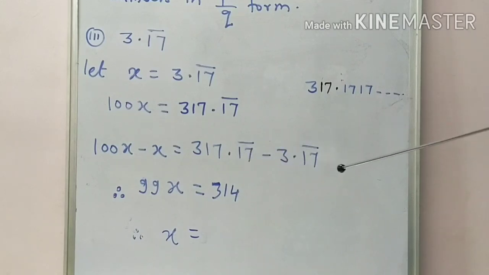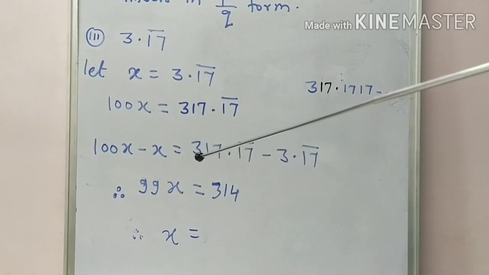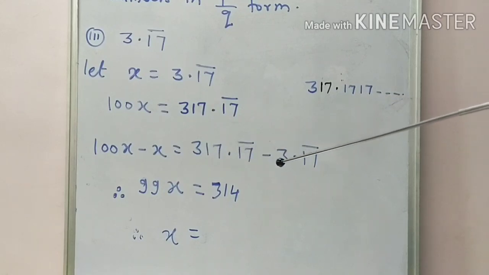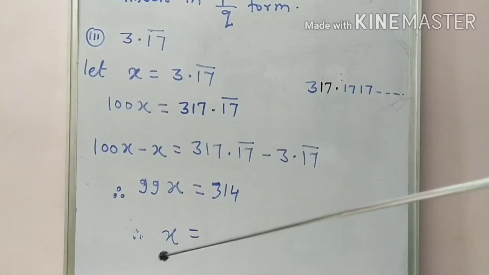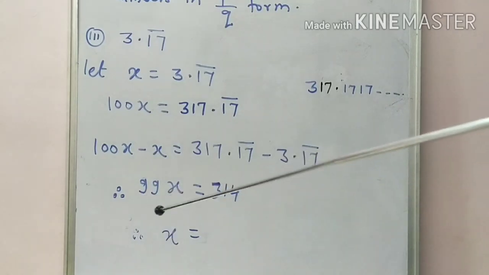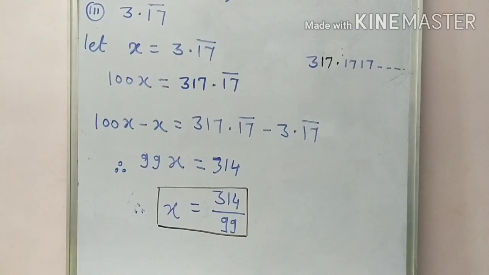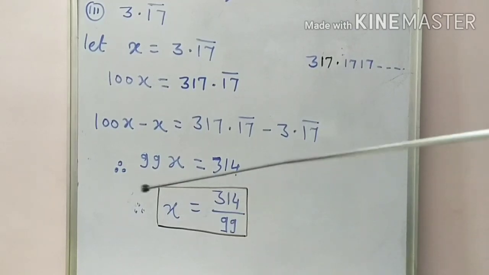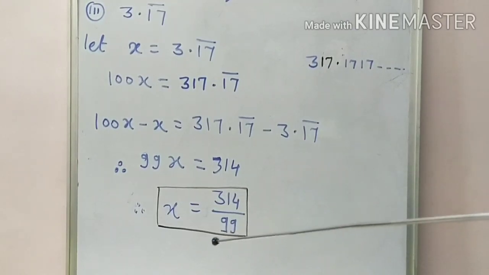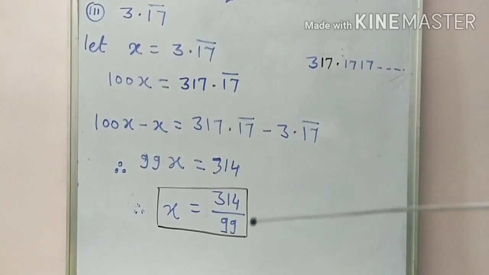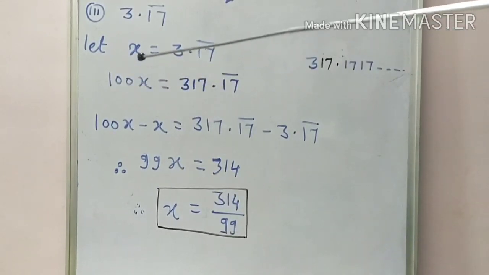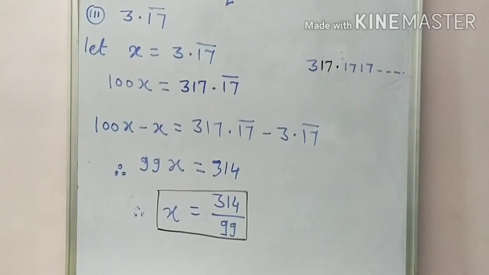The recurring part is eliminated, and the subtraction of 317 minus 3 is 314, and therefore x equal to what? This 99 we take to the right side, so the answer is 314 upon 99, which is the P upon Q form of the given number 3.17 recurring.